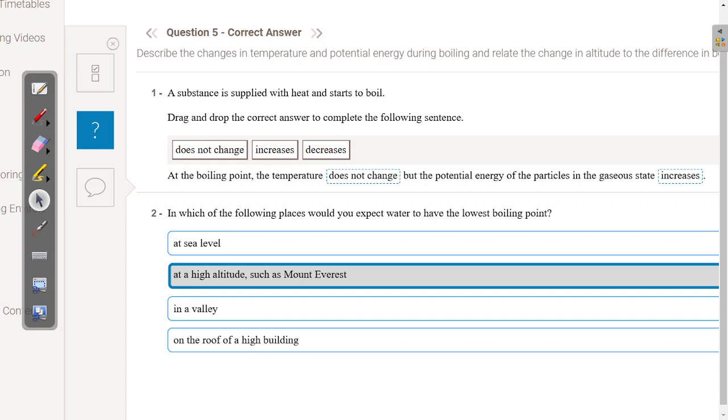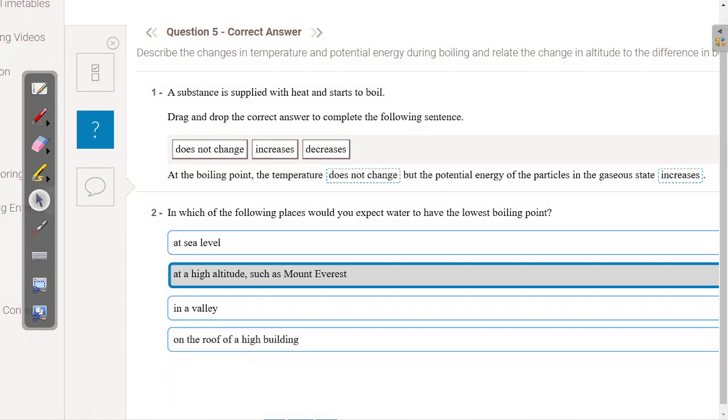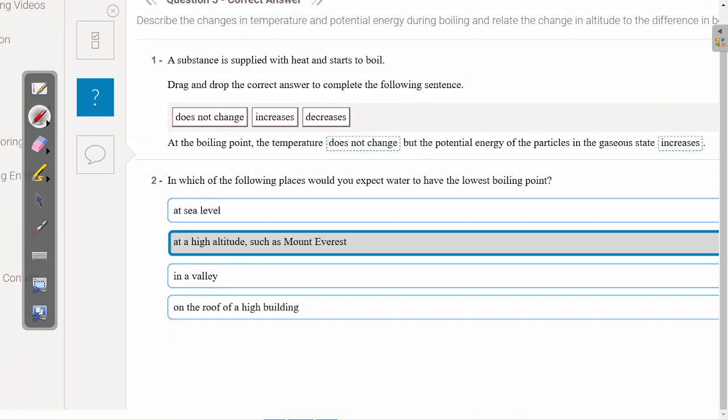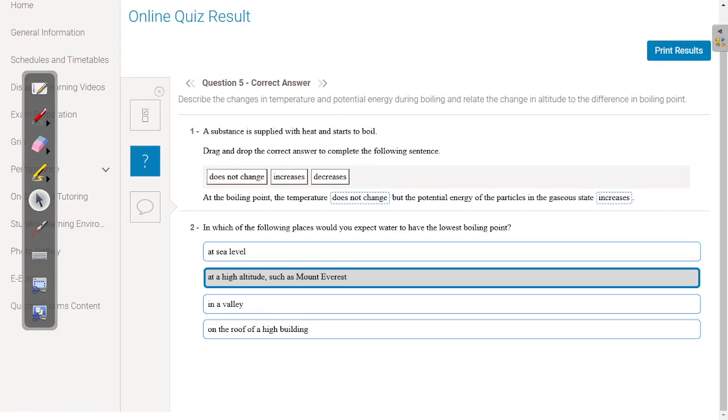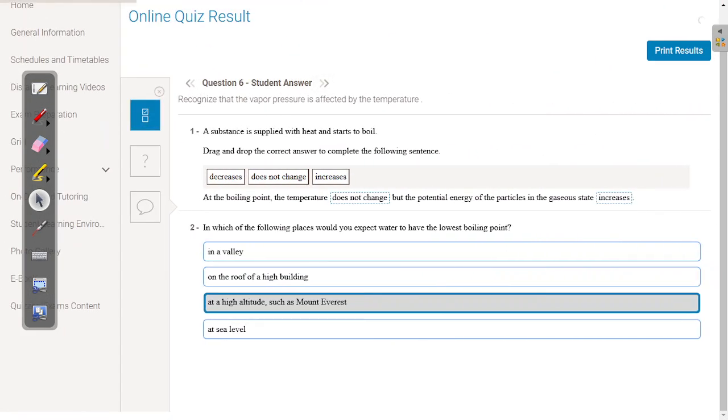But when you go somewhere like sea level, it will be a high pressure, so it's gonna be a high boiling point. And they said high altitude like Mount Everest, so this is the correct one. If they ask you for the highest boiling point, you choose sea level. Or if they have anything lower than that, you choose that.